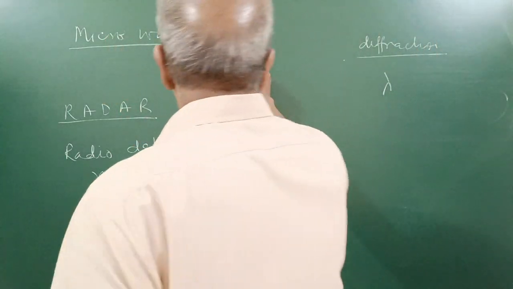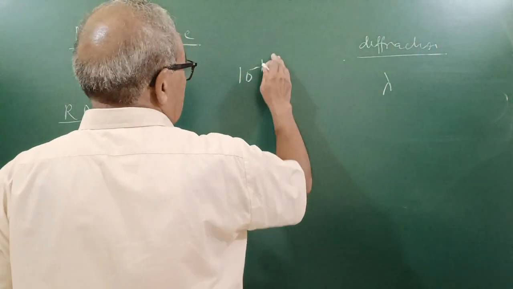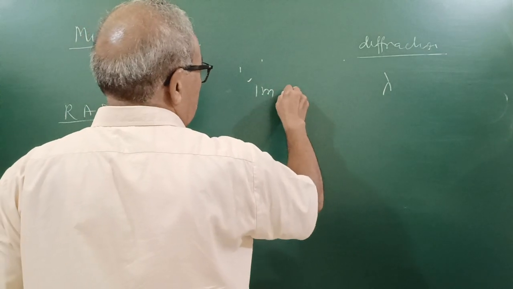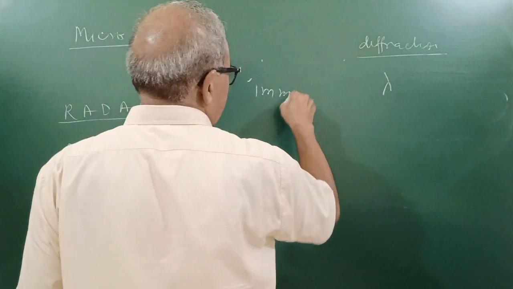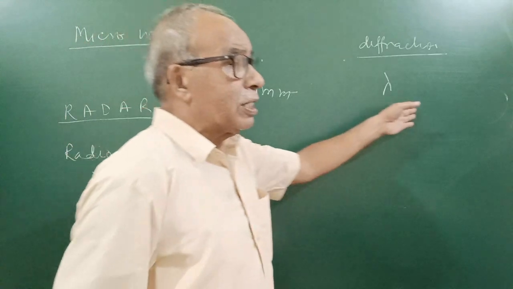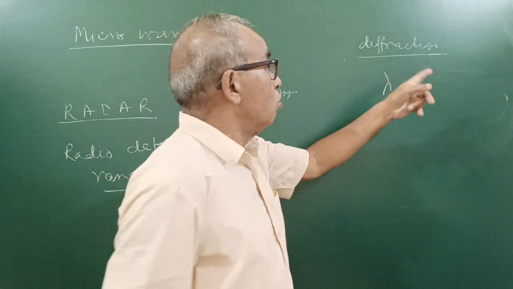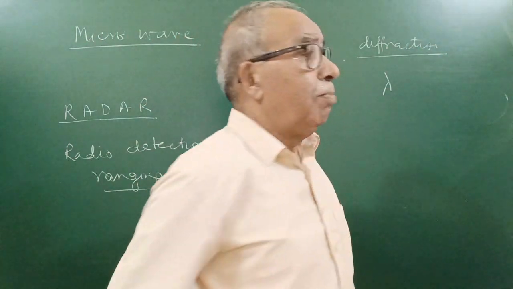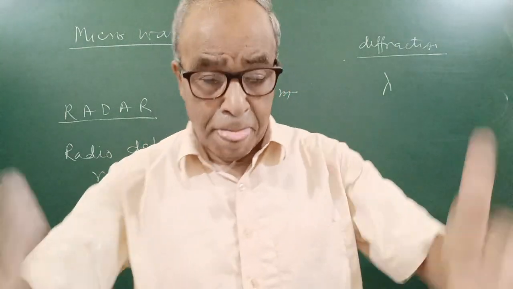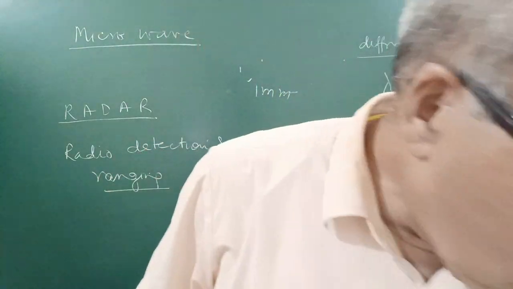The wavelength of microwaves is in the millimeter order, 1 millimeter to 30 centimeter. So they can travel long distances without bending due to diffraction. They can travel straight without diffraction, which is why microwaves are used.